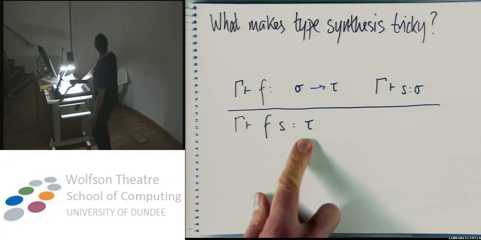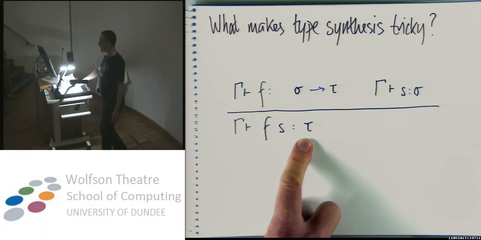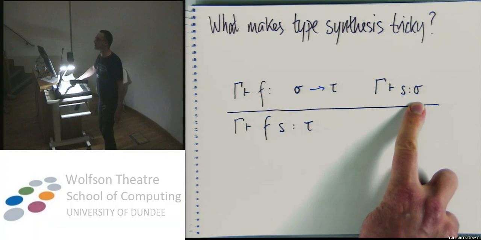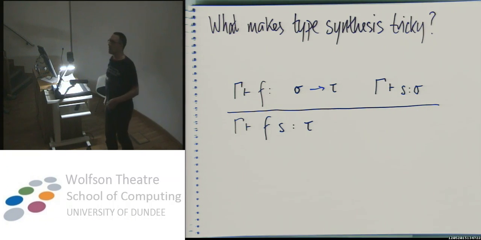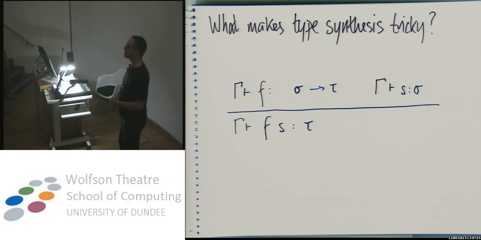Let's assume that we know what type we want. Let's assume that we can figure out the type of the argument. We know that because the function doesn't have a dependent type, one argument's pretty much as good as another. So there's no point in bothering about which particular argument we've got to figure out what type the function has to have. So this much isn't so bad.